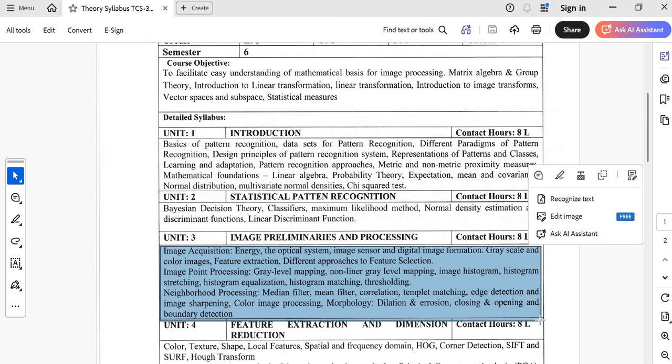Next is thresholding, median filter and mean filter, correlation, template matching, edge detection, image sharpening, morphology, dilation and erosion. This is a very essential topic. At last, opening and closing operations.